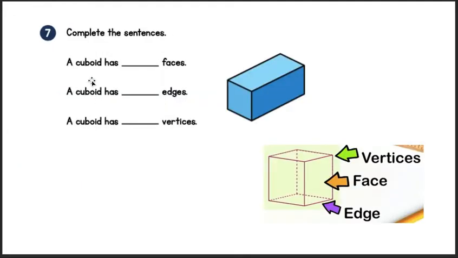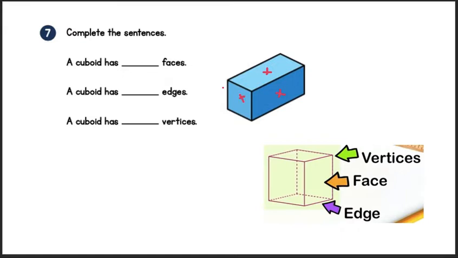Question 7, it says you have to complete the sentences. In order to answer this question, you needed to know that a face is a flat surface on a shape. So on this shape, this would be classed as a face, and this would be classed as a face, and this, and so on.